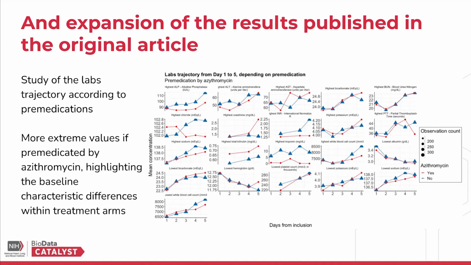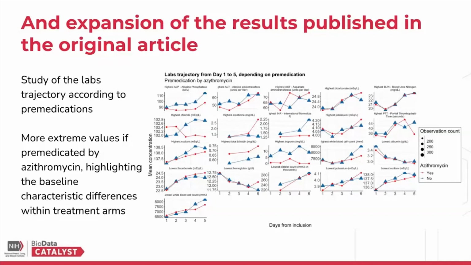For example, we looked at the azithromycin intake, knowing that azithromycin was also a supposedly potential treatment for COVID-19 in association with hydroxychloroquine. So that's why we focused on it.